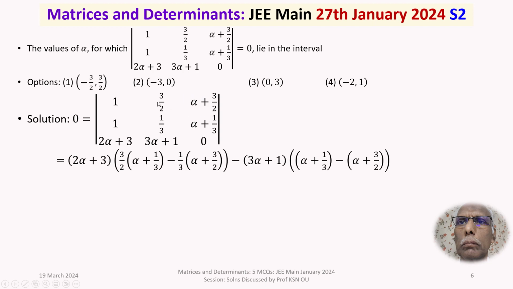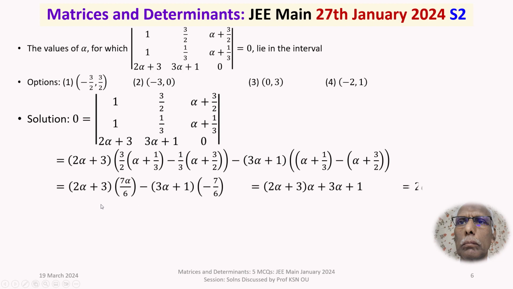So this is multiplied by 3 by 2 into alpha plus 1 by 3 minus 1 by 3 into alpha plus 3 by 2, minus 3 alpha plus 1, delete third row and the second column and multiply. You will get 3 alpha plus 1 minus 3 alpha plus 1 multiplied by alpha plus 1 by 3, 1 into alpha minus alpha plus 3 by 2. Right. So simplify. You will get this one.